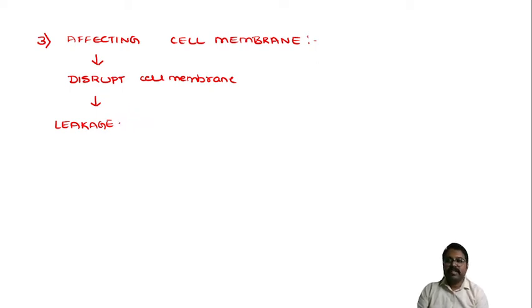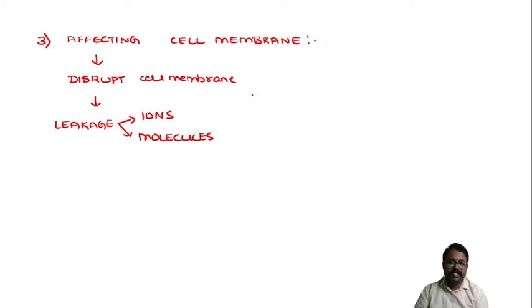So what are the contents which are leaking? The ions will be leaked, and also the molecules inside the cell will be leaked. So what are the examples here?